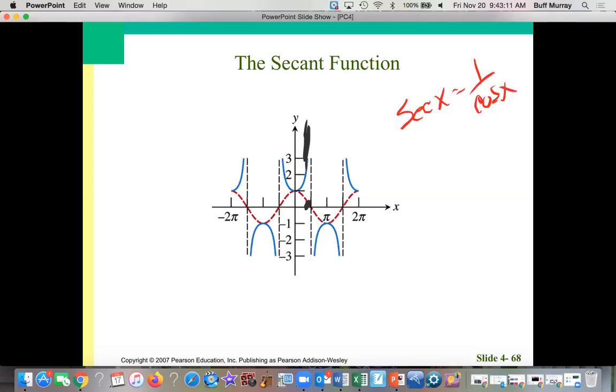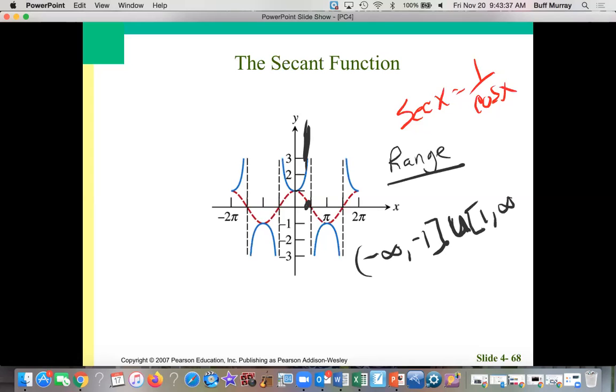Now, the other thing we want to talk about here, once again, no amplitude, but we want to talk about the range. Okay, generally the range of sine and cosine is between -1 and 1. Well, the range for secant is from -infinity to -1, along with 1 to infinity.